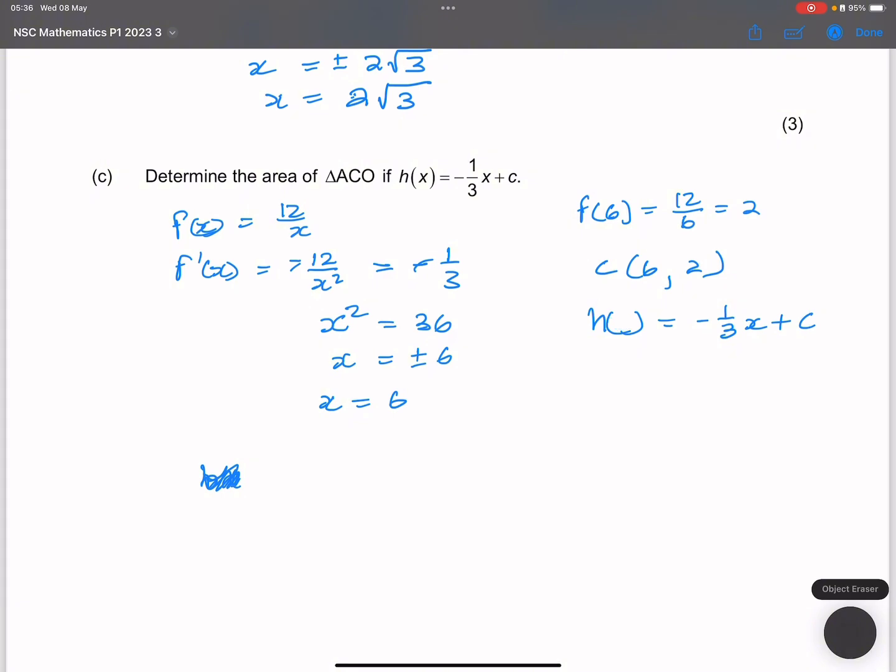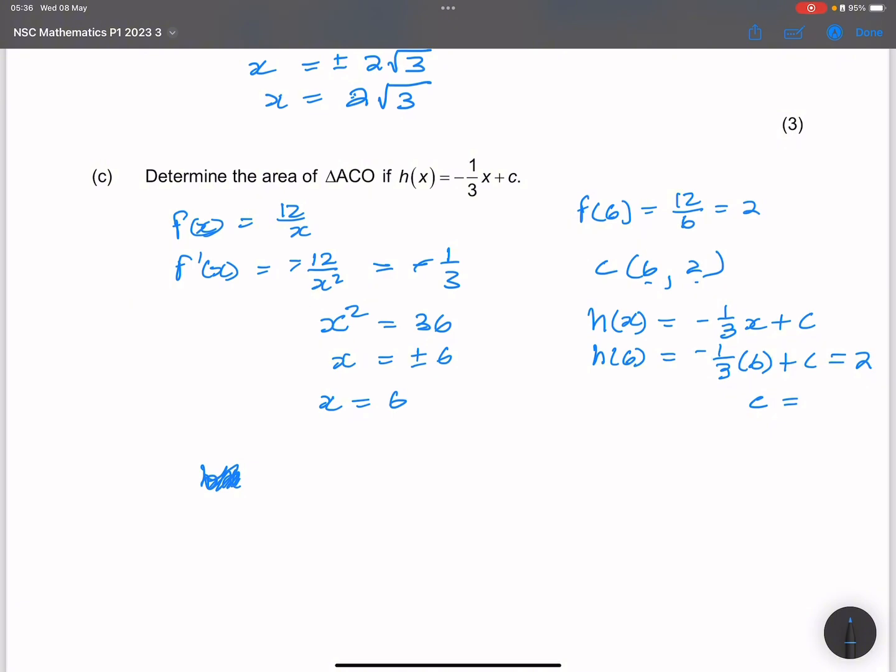In this case, I'm going to substitute the point 6 and 2 there so that I find the c value. So I know that when x is 6, minus 1 over 3 of 6 plus c, then y is equal to 2. So what becomes our c value there?